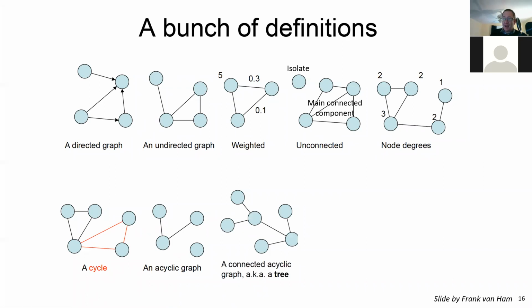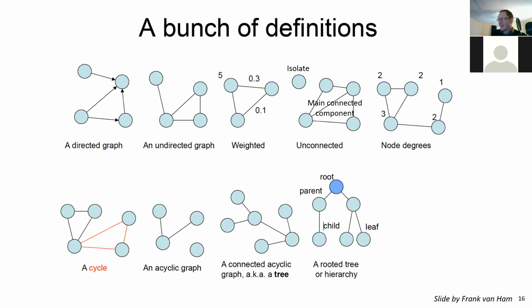Okay. A connected acyclic graph is a tree, as in it's the mathematical definition of tree. But this is what we look at from a computer science standpoint. What I think I'm giving in 2400 as a regular assignment.